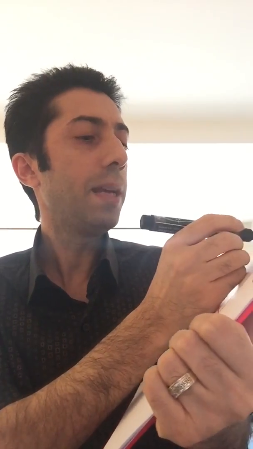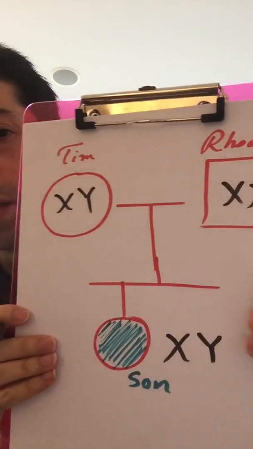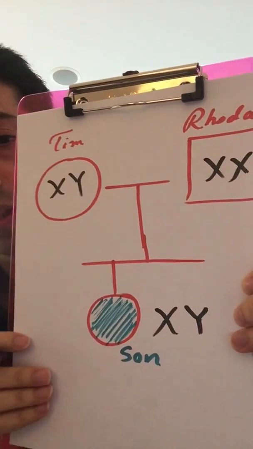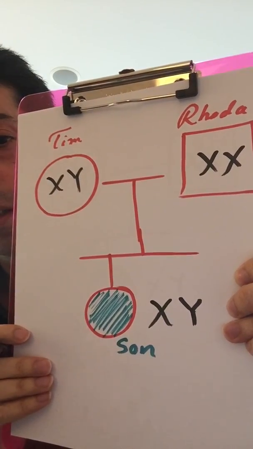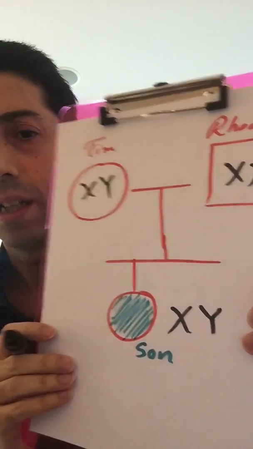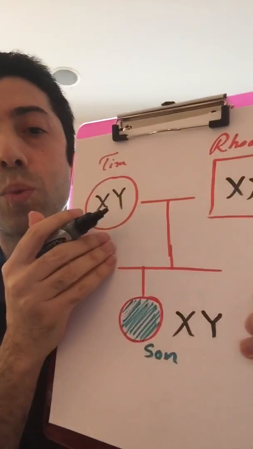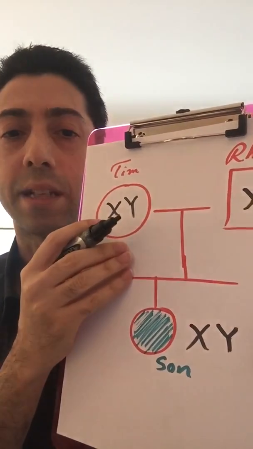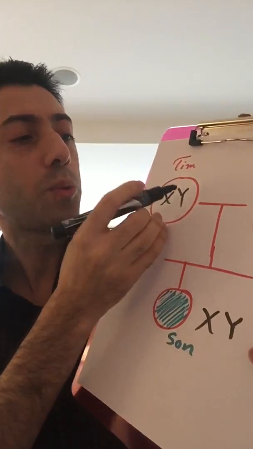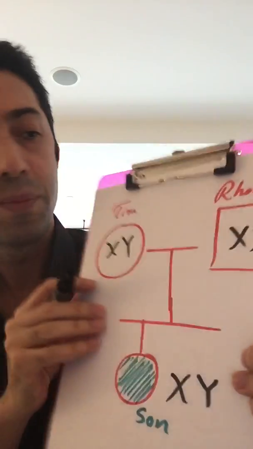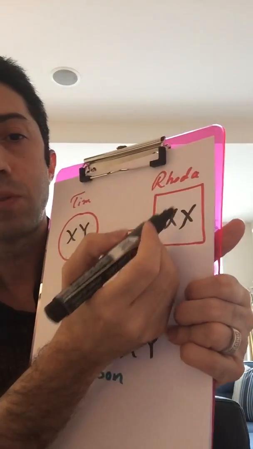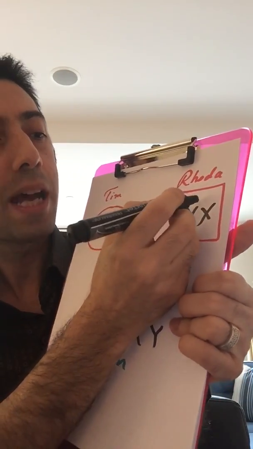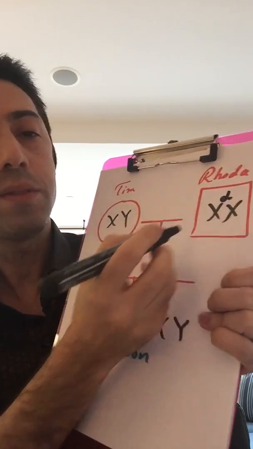So does Tim have the recessive allele? Of course not. If he has it, he's going to show it, because the Y does not have the dominant allele to mask it, right? So XY, Tim does not have that problem. XX for the mother, for Rhoda, should have the recessive allele.